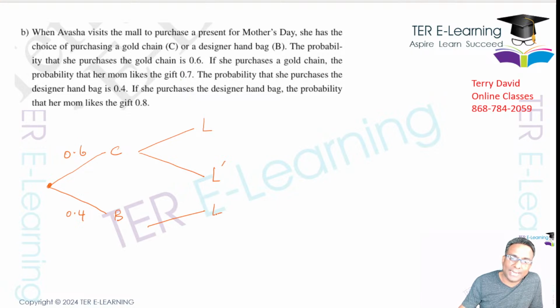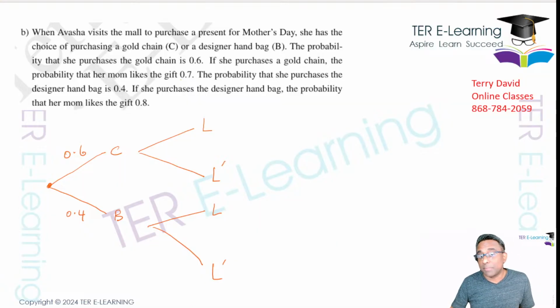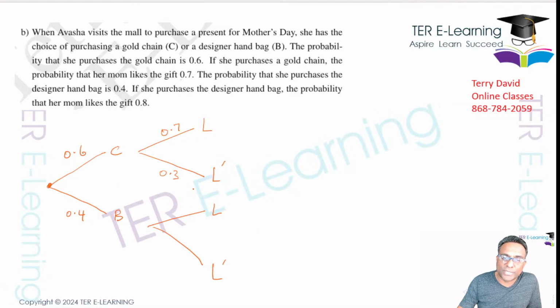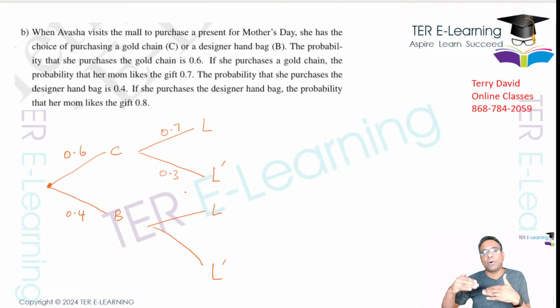Now, let's put in the probabilities for liking. If she purchases the gold chain, the mother will like it with a probability of 0.7. So this here is going to be 0.7. So the probability that she does not like it is going to be 0.3. Just remember, on the branches, when you add it up, you should get 1.